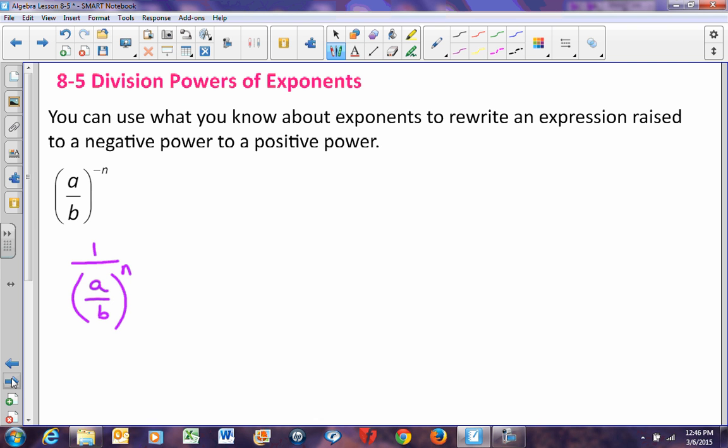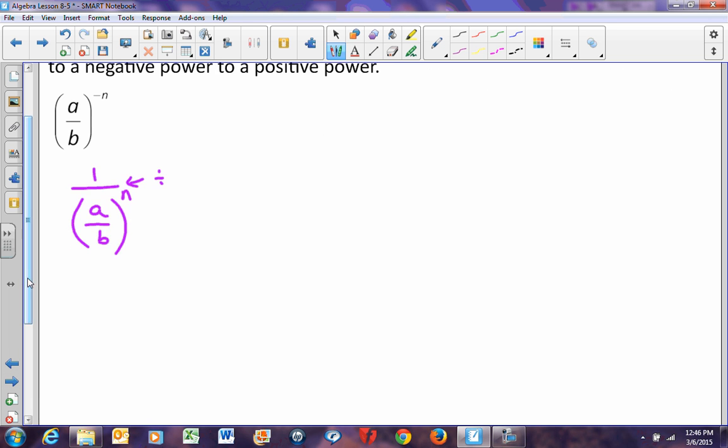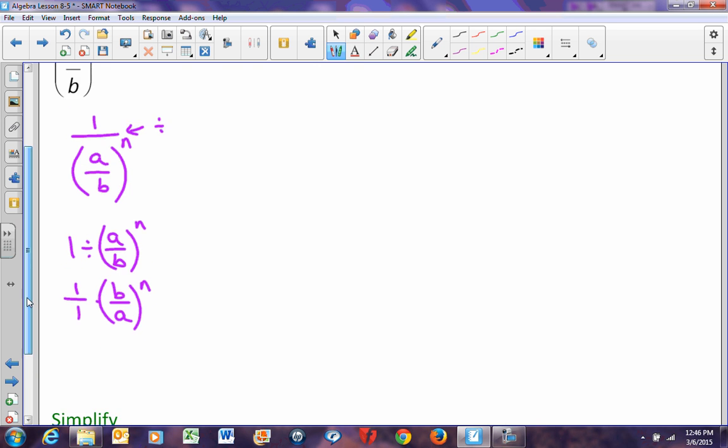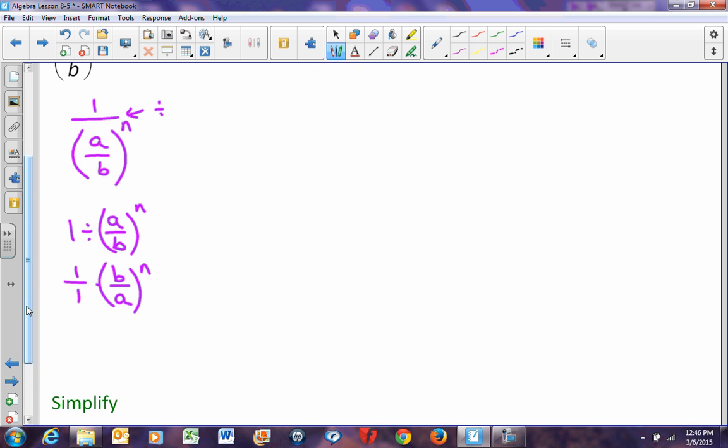From that step, this 1 over that means division, remember? So essentially I have 1 divided by a over b to the nth power. If you remember your fractions, that's 1 over 1 times the reciprocal, which would be b over a to the nth power. 1 times b over a to the nth power becomes b over a to the nth power.